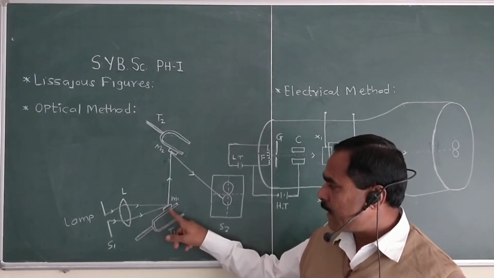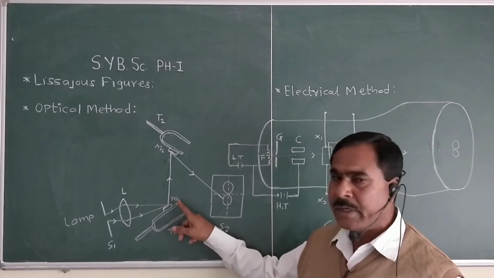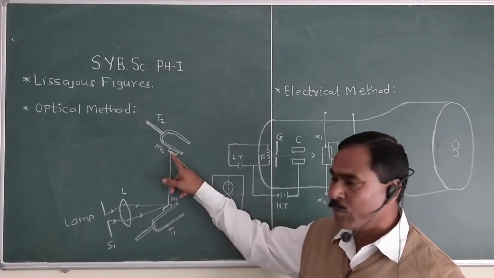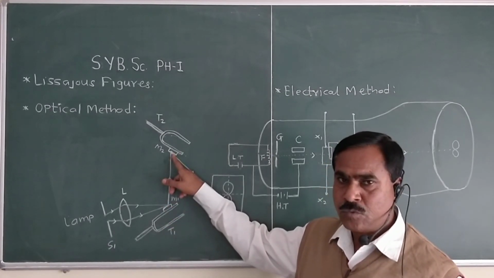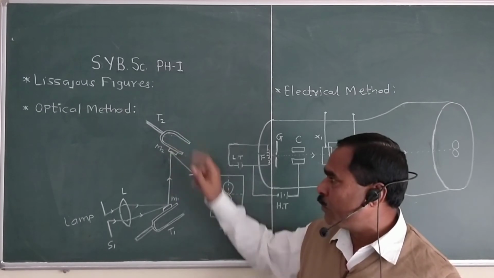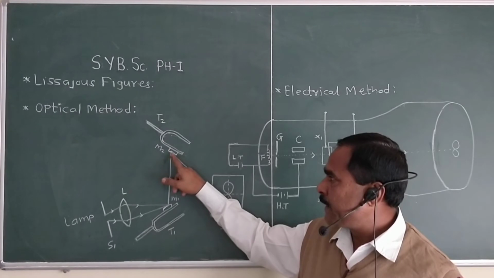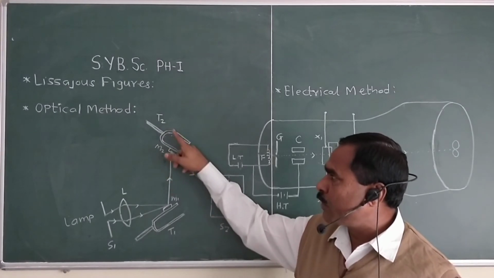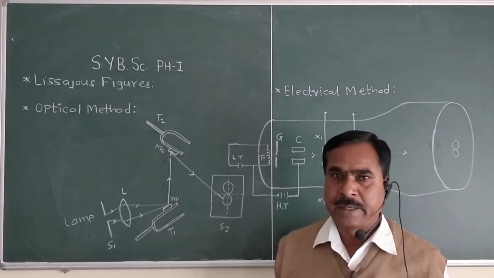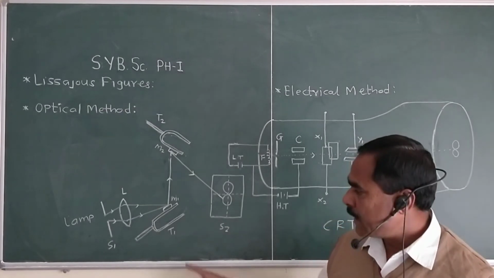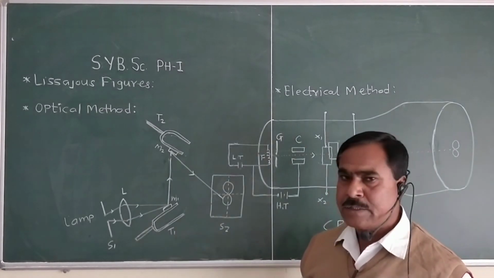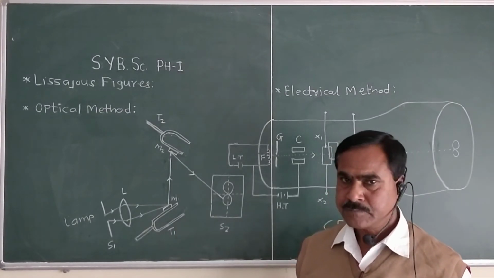Then light after reflection from mirror M1 is incident on mirror M2, which is attached to one prong of the tuning fork T2. The oscillation of tuning fork T2 is also maintained electrically, similarly to T1.